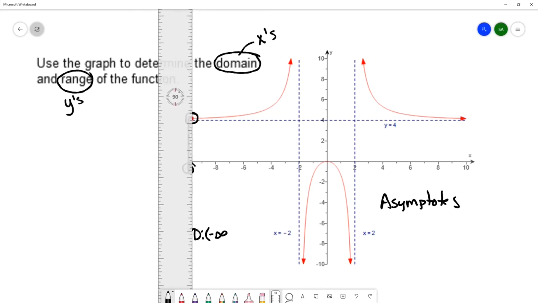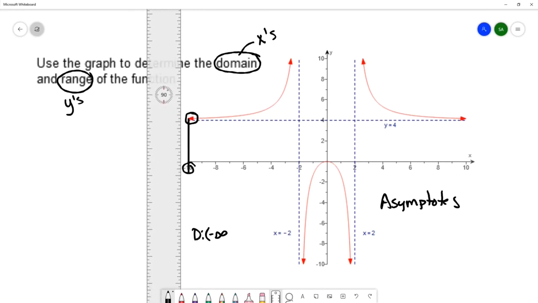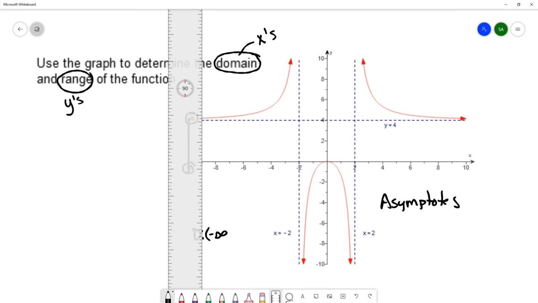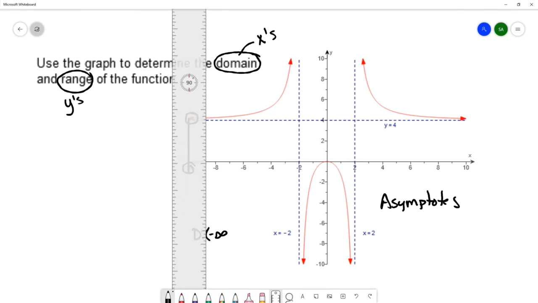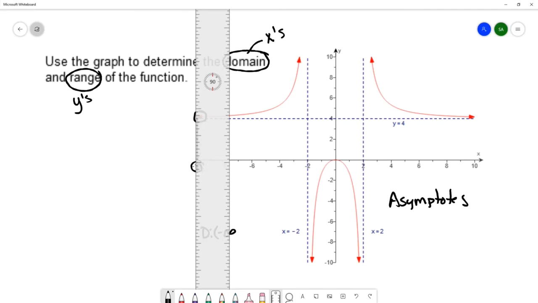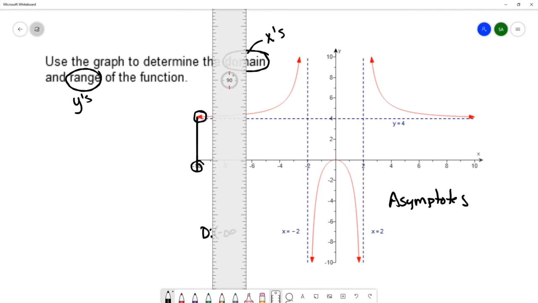We continue to move our ruler from left to right. We always go from left to right, which is smallest to largest, and that's because interval notation is always written smallest to largest. So as we continue moving our ruler, what I'm paying attention to is that the graph is existing for these x values.